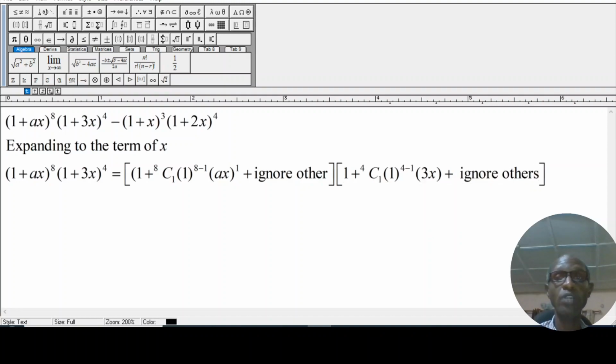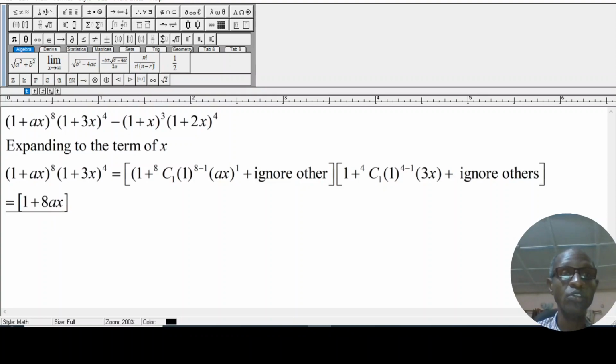This is all we need for now. So we now have 1 plus 8ax. That's what we have for that side.